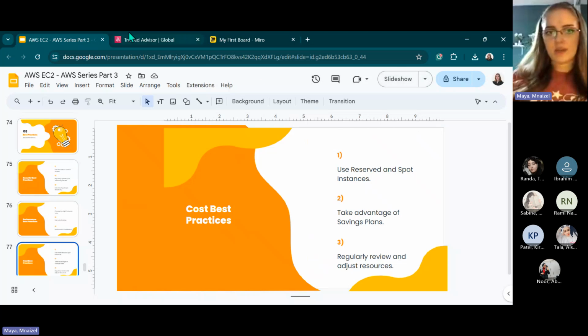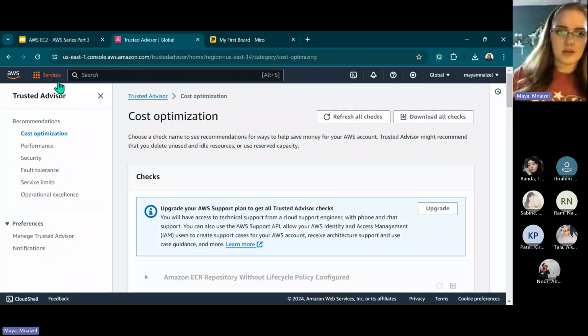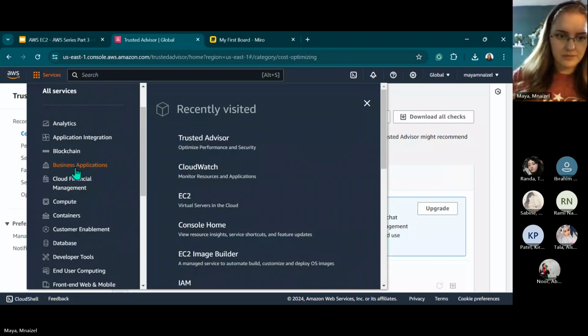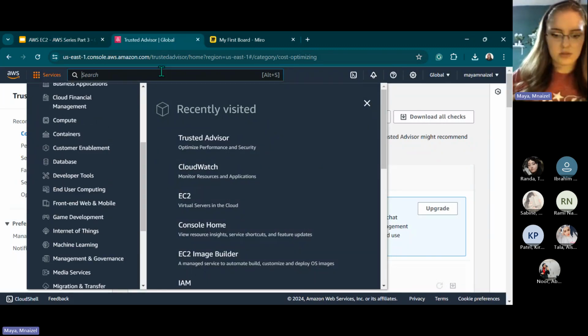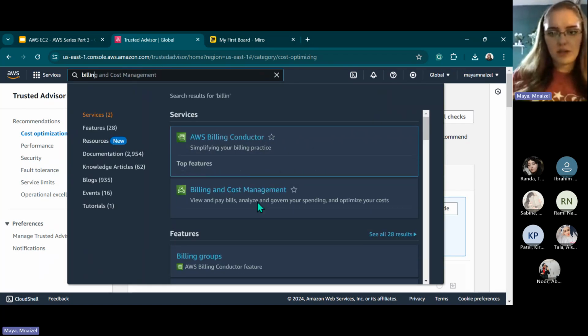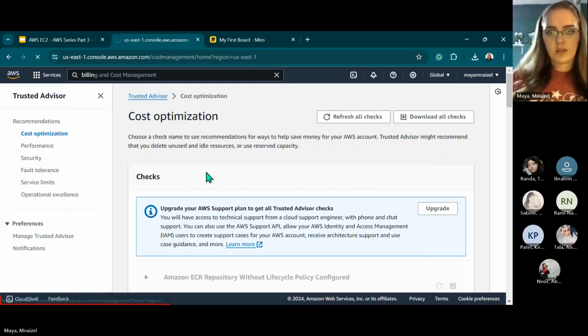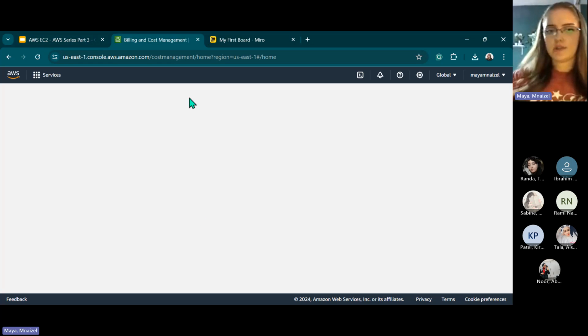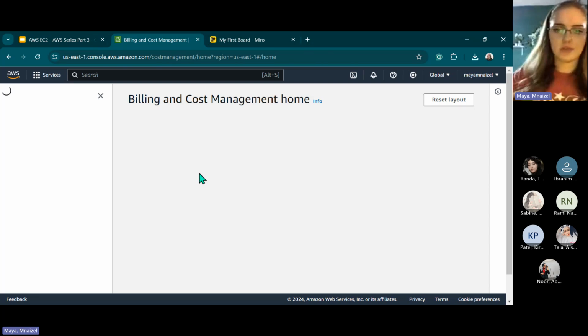We can review them using billing. Is it called cost or billing? Let's go to billing and cost management. Here you can monitor your usage of different AWS services. It's a global service, of course.